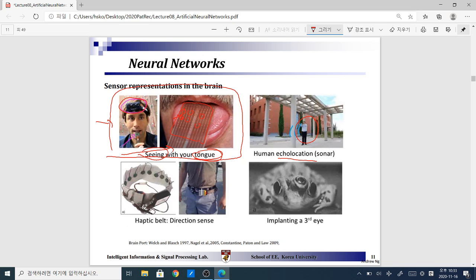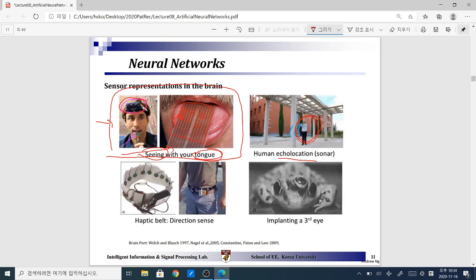Obviously this person is blind and cannot see. However, by generating a sound, say by snapping his finger or clicking his tongue, he can produce certain sounds, and his auditory cortex, through his ears, can actually see how the sound is reflected and bounced off the obstacles in front of him.